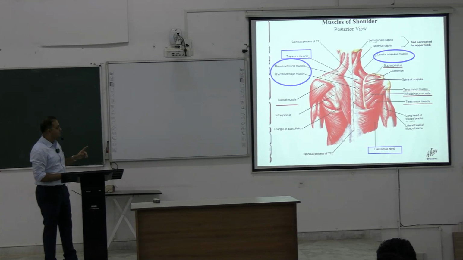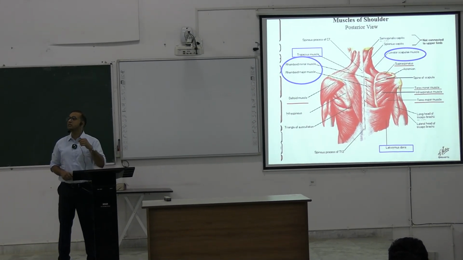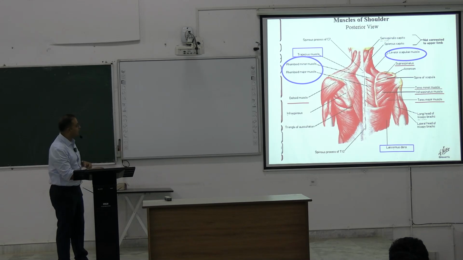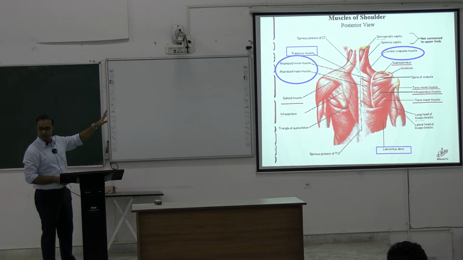This muscle we call trapezius, also known as trap. This particular muscle is also present on this side, but here it is removed. So the trapezius is a large flat muscle. On the back side it is above and below the scapula.